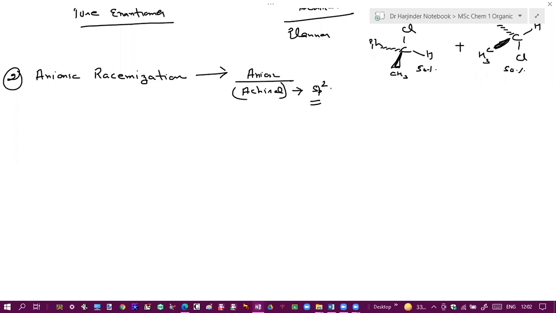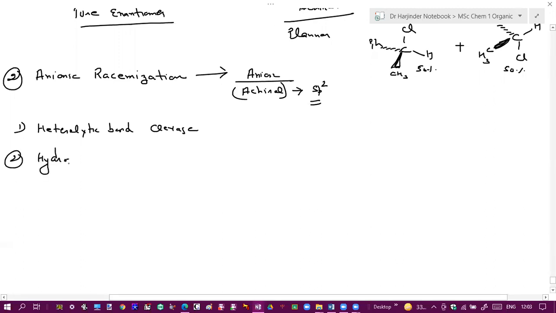Now for anionic racemization, what are the requirements? Should the bond undergo homolytic bond cleavage, or heterolytic bond cleavage? Heterolytic. So the bond must undergo heterolytic bond cleavage, and for that, the leaving group must leave without the pair of electrons. So the hydrogen at the chiral carbon will of course leave to form an anion over carbon.